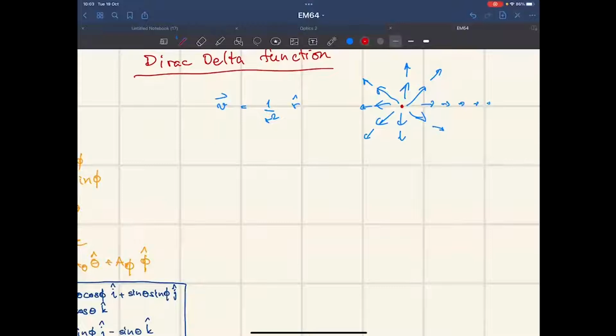But our homework tells us otherwise. It tells us that the divergence of this function is actually 0. Some of you had questions: why is it 0? From what we see here, it shouldn't be 0. Actually, it's not 0.